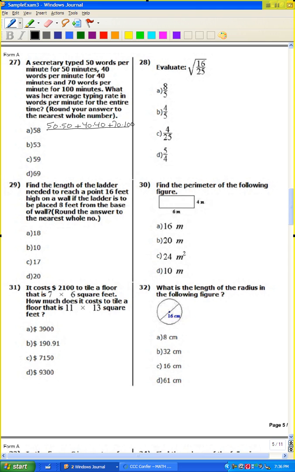Let's figure out the total number of minutes. So 50 minutes plus 40 minutes plus 100 minutes. So that's 2,500 plus 1,600 plus 7,000. And that's 190. And so that's equal to 11,100 over 190.